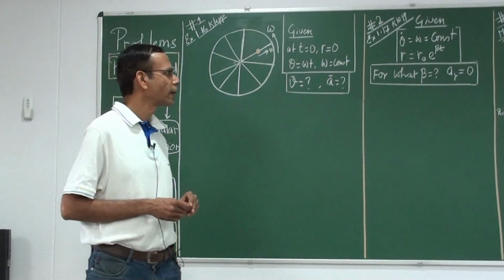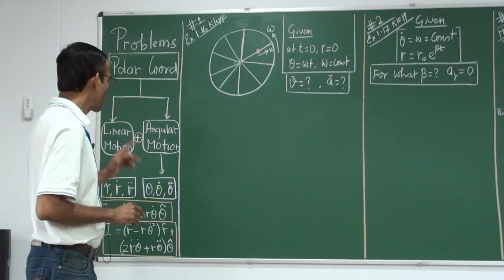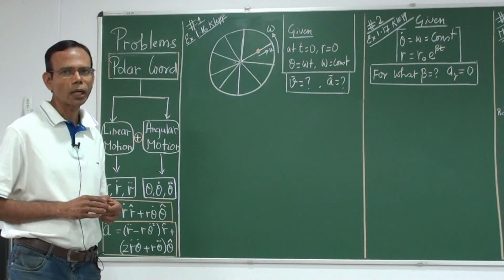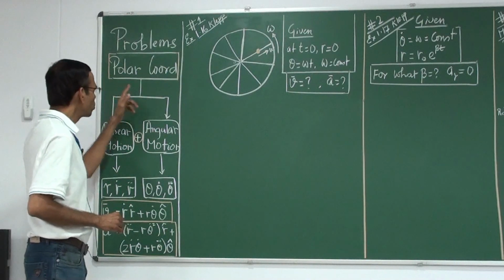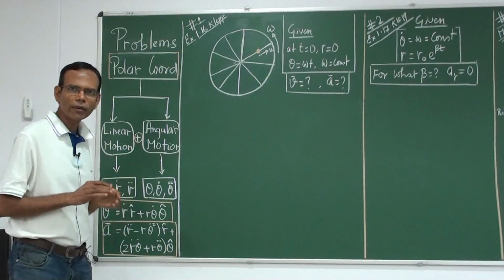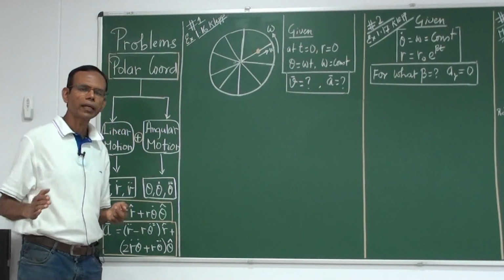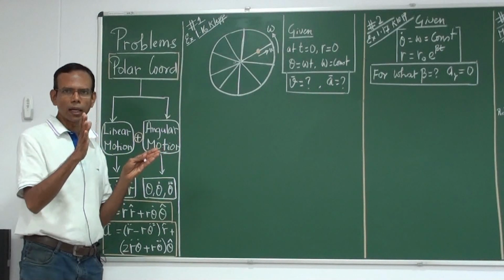Okay. So let me quickly recapitulate what we have learned in our last 2 polar coordinates lectures. In polar coordinates, we have seen that any curvilinear motion can be broken up into 2 parts.